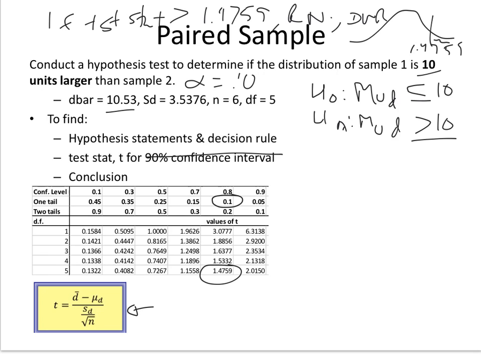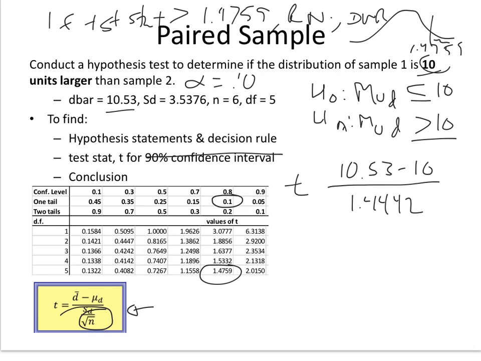You remember in our confidence interval question, this denominator was calculated as part of our margin of error, and that was equal to 1.4442, I think, something like that. So this is our test statistic. Then we have d bar, 10.53 minus 10.